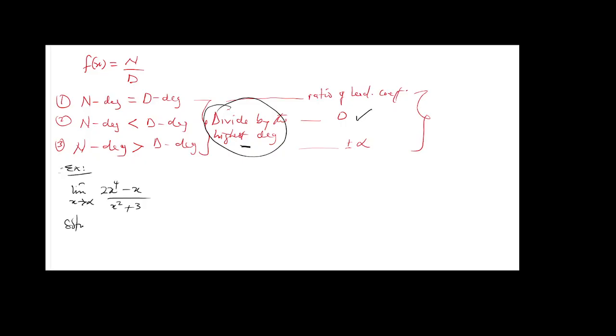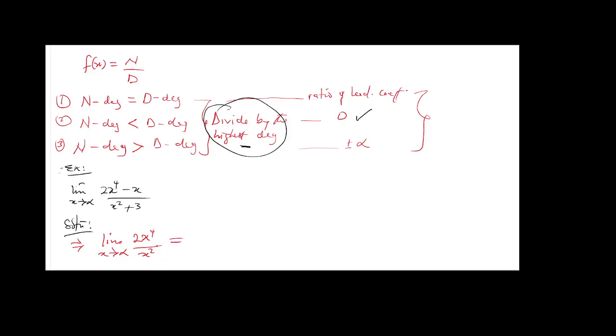Remember the solution: you consider terms with the highest degree, which implies that all we have left is the limit as x approaches infinity of, for the top, 2x to the power of 4 all over x squared.